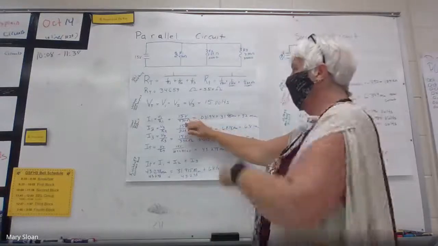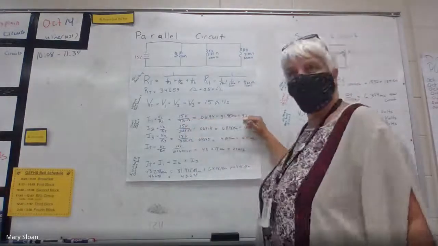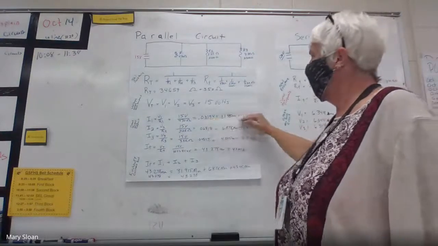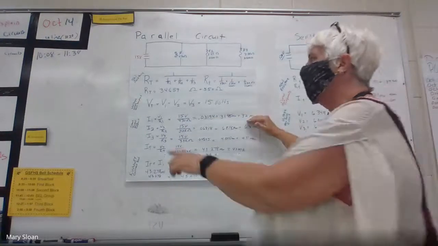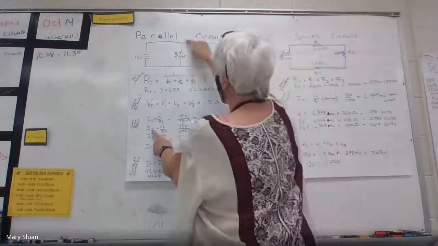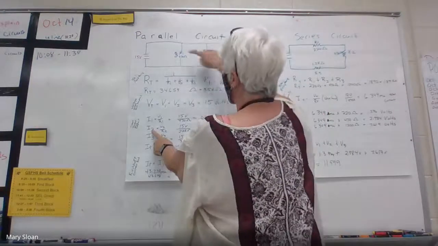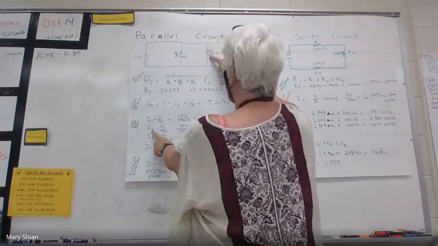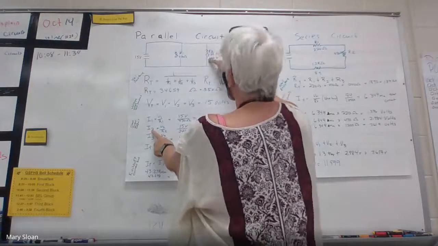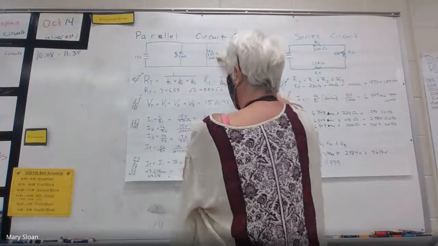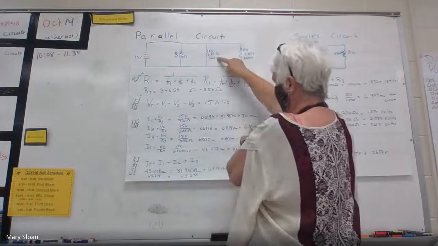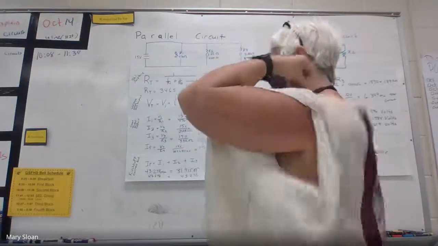I did it through ohms, and I also did it through kilo ohms, and that's where I got that number. I do the same thing for my second one. I take my voltage, which is 15, and divide it by either 2.2K or 2200. 2200, I get this. 2.2K, I get that. This is milliamps.